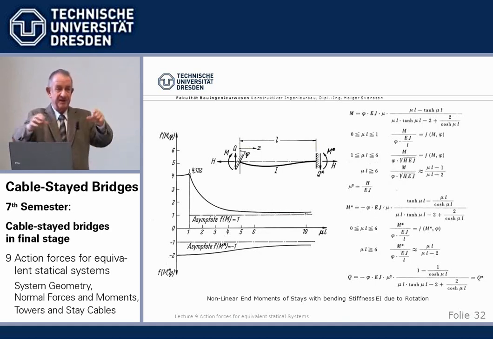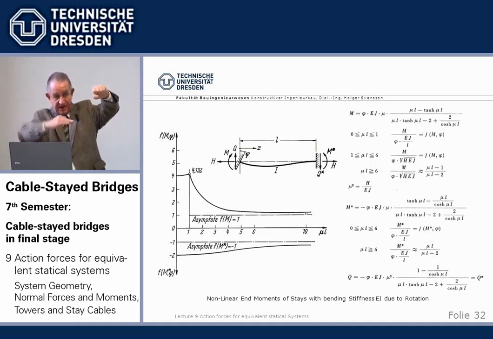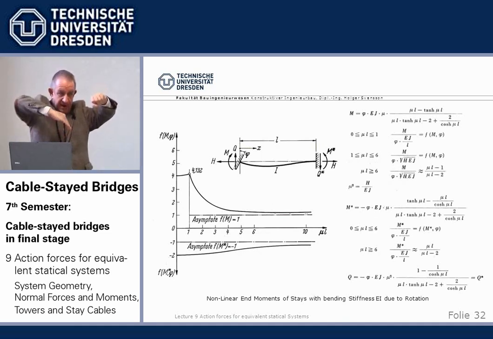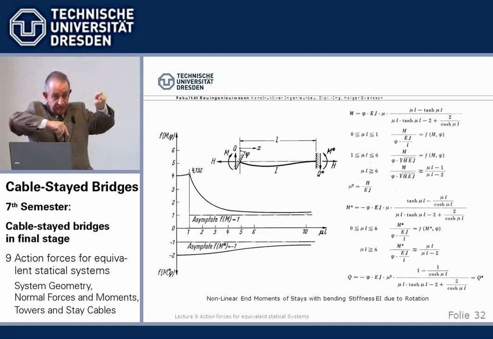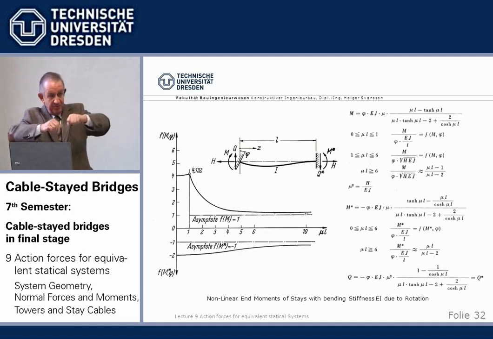What happens then is the following. If we have a tension member and we rotate the anchorage, then under first order theory, of course, there is a certain bending radius and we have bending moments. But the tension causes this bending radius to minimize.